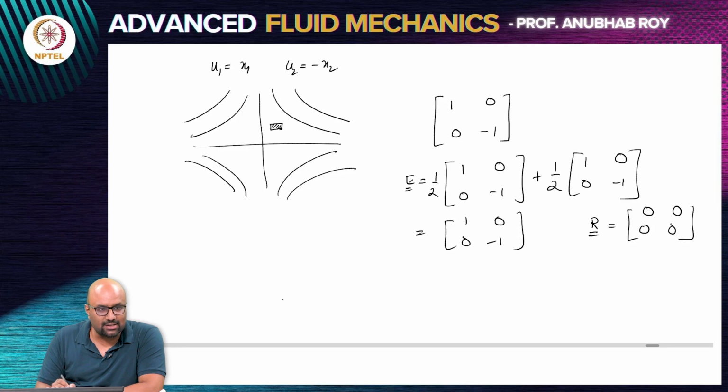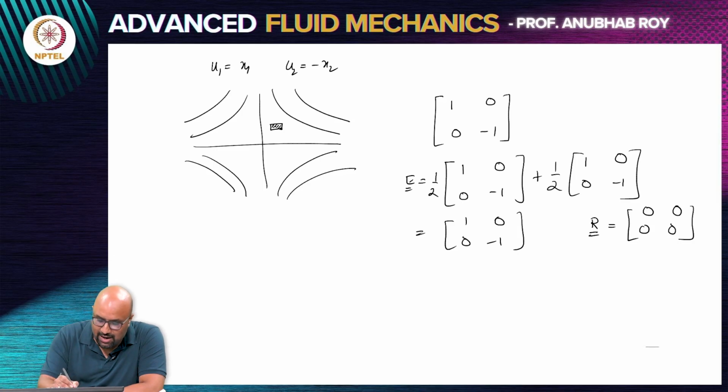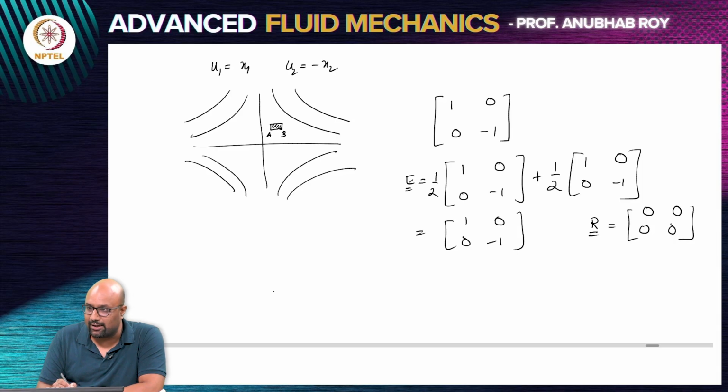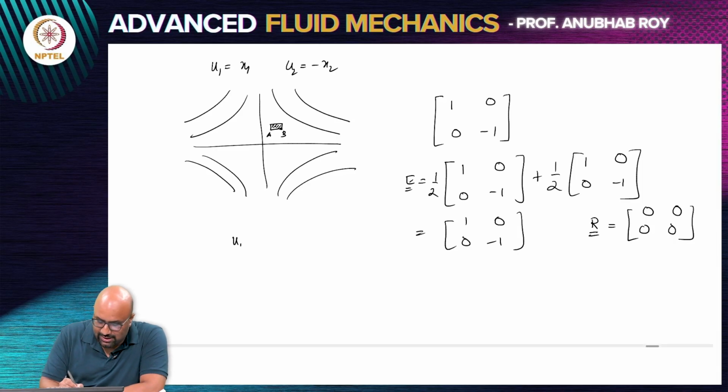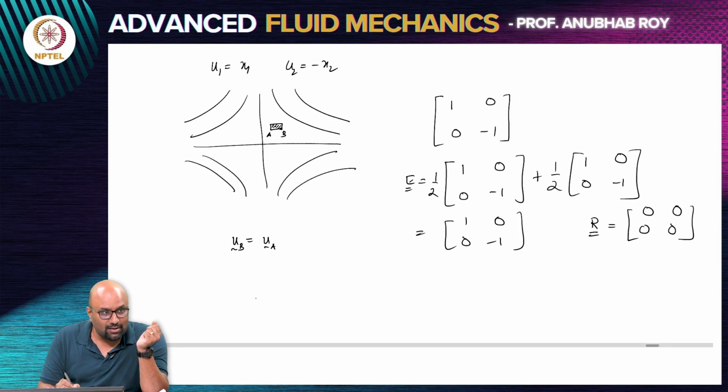Now, if you take this rate of strain tensor, at any particular point, I want to find out what is happening between two neighbors. Let us say I choose a point A and a point B, two ends of that rectangle. The velocity at B is related to the velocity at A, but that is not all.